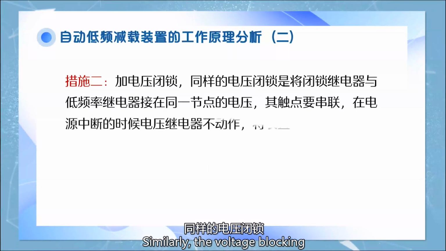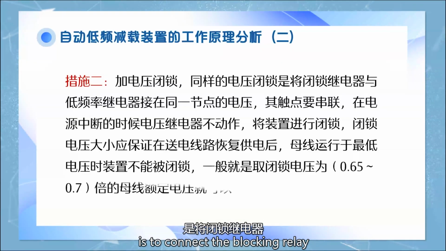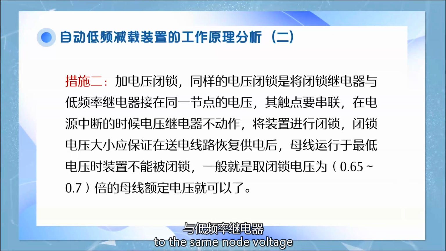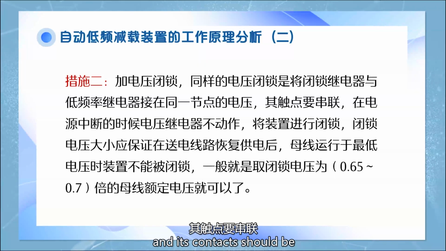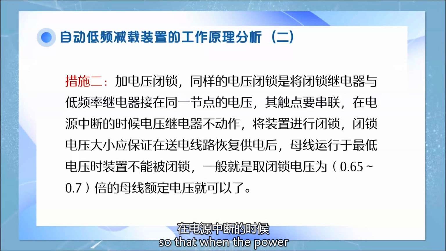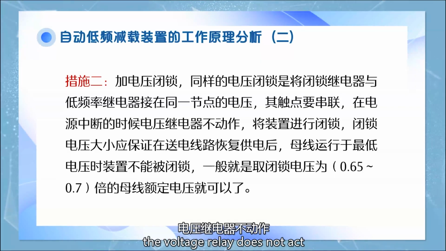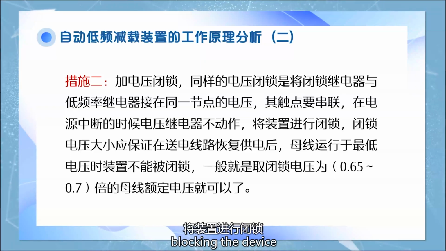Similarly, the voltage blocking is to connect the blocking relay to the same node voltage of the low-frequency relay, and its contacts should be connected in series so that when the power supply is interrupted, the voltage relay does not act, blocking the device.